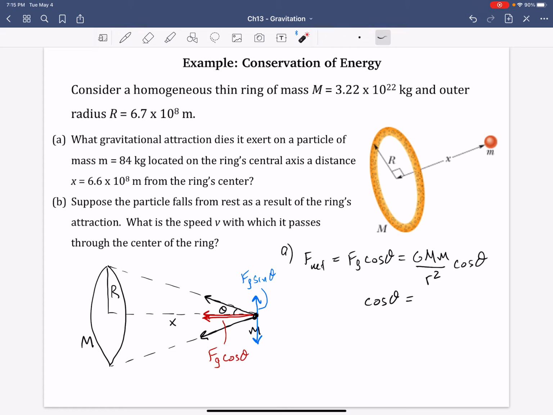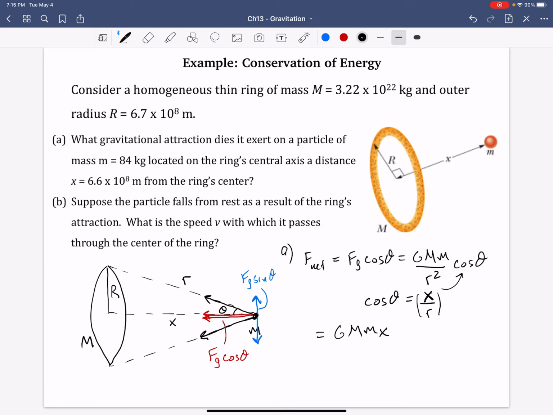So in terms of our problem, the adjacent to this angle is this length right here. That's x. The hypotenuse, we haven't really called it anything yet, so let's just call it lowercase r, the general distance variable. So x over r. So now plugging in x over r, right, up there, we get the following.